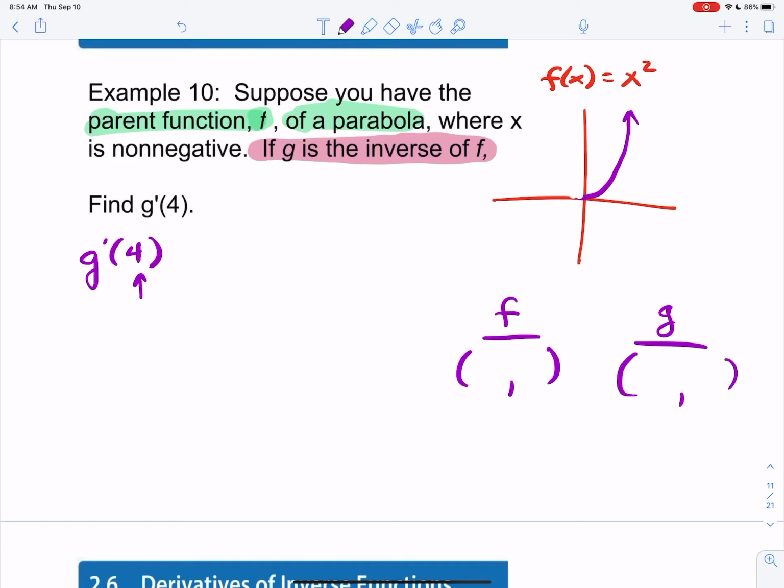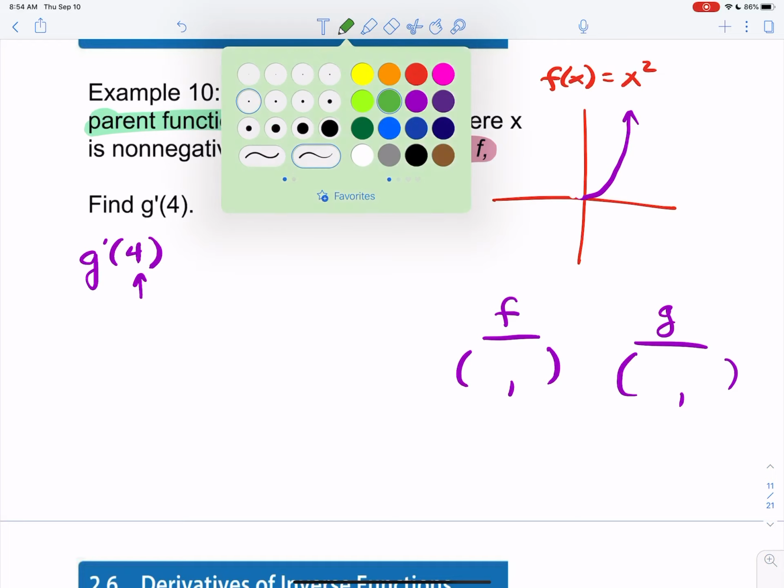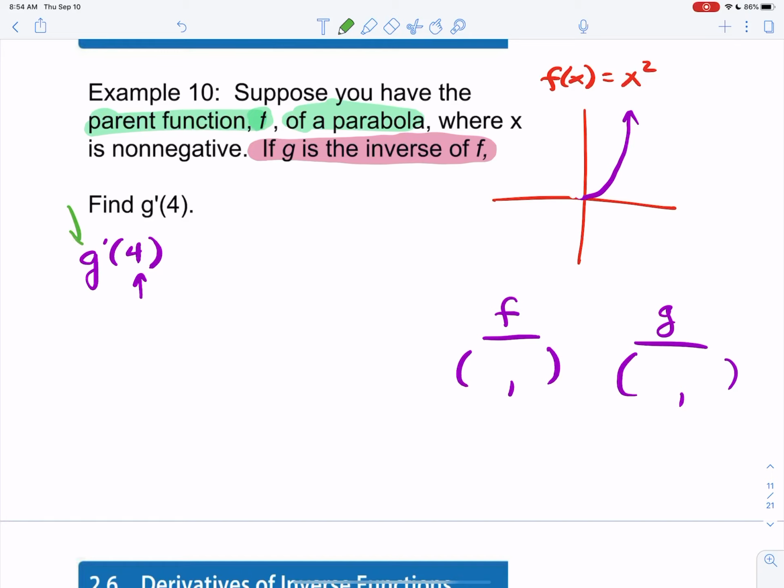Right? Pause and play when you're ready. So if they ask for g prime of 4, 4 is going to represent the x coordinate for g. So I'm going to put a 4 right here. Make sure you understand that before we move on. Now, since f and g are inverses of each other, then I know that the y coordinate of f is also 4.